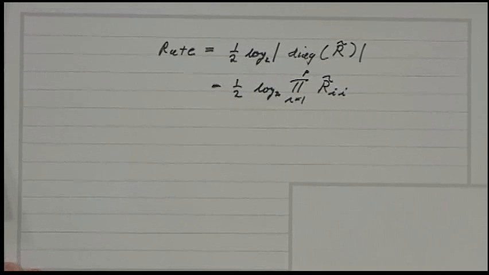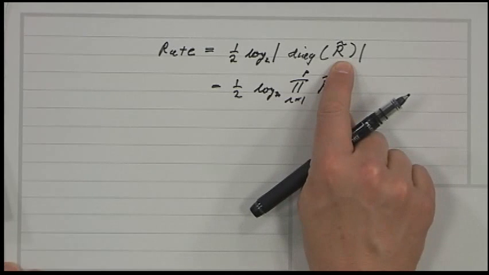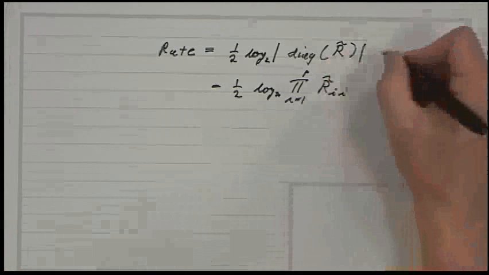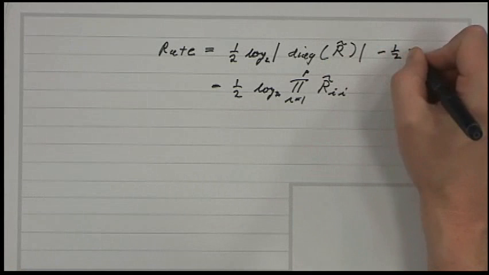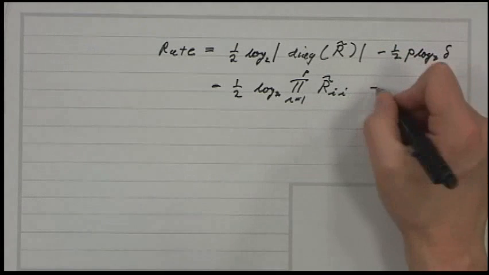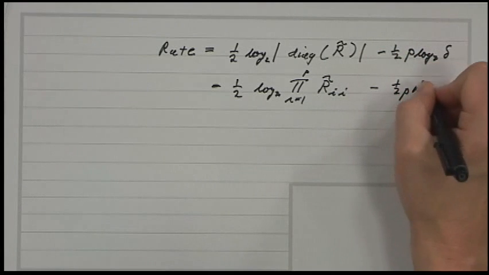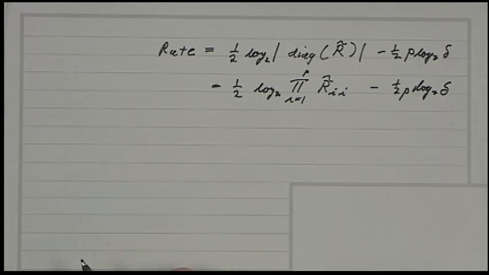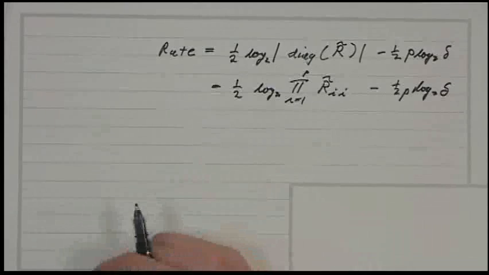Now r tilde is not a diagonal matrix, that's correct, but I took its diagonal. And to be precise here, I should say minus 1/2 p times log base 2 delta, okay?